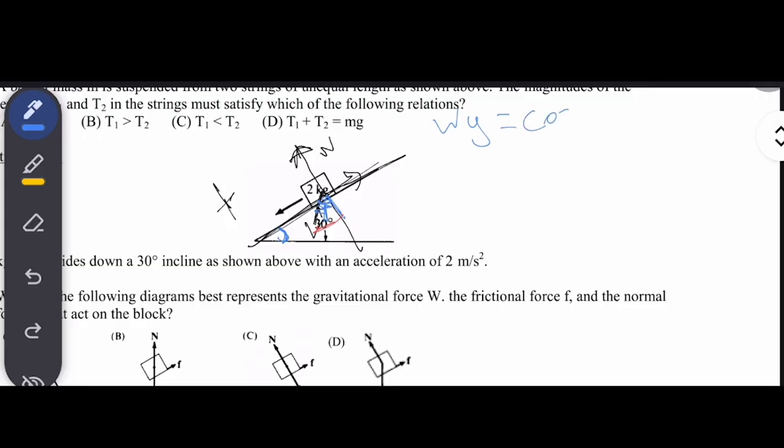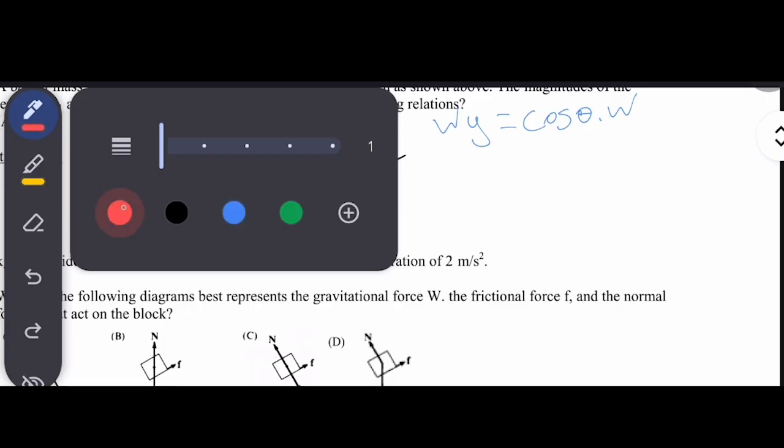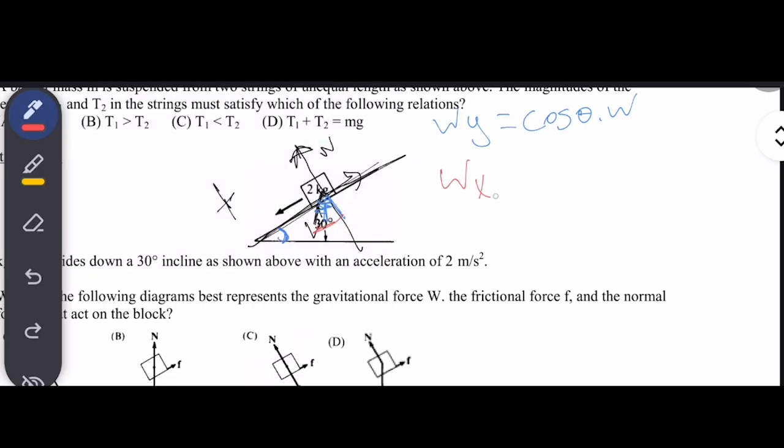So that would be cosine of theta is equal to, and since this was adjacent over hypotenuse, this would be W, but to get rid of the W, you would multiply by W, so it would be cosine of theta times W, and for the x, it would be Wx equals sine theta times W.